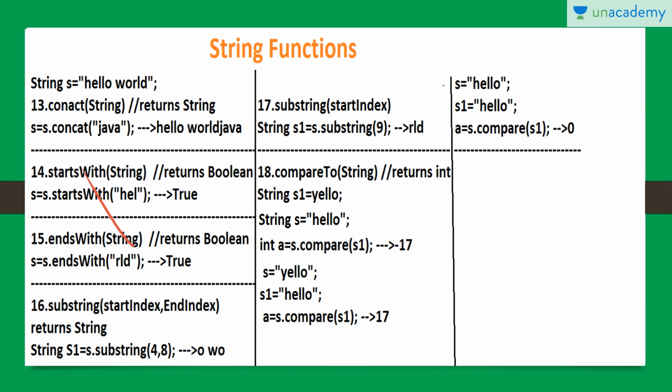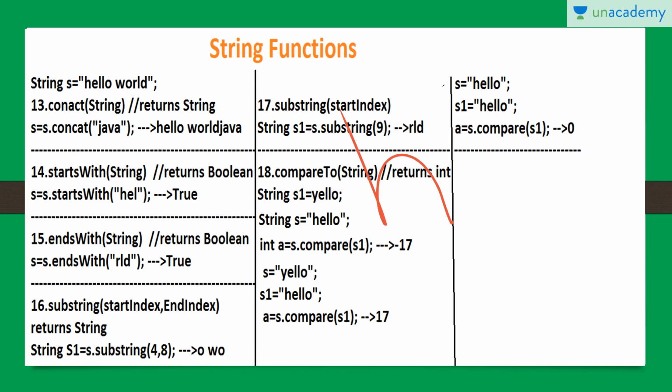First it will take the character of s, which is y, and subtract from it s1's first character, which is h. So y minus h will give us positive. It means that s is greater and s1 is smaller. Positive means the first is greater, which is y, and h is smaller. That is how we can check which string is greater and which is smaller.